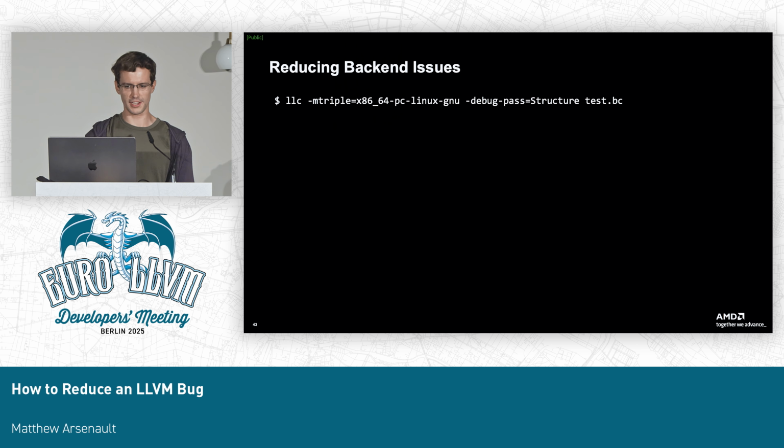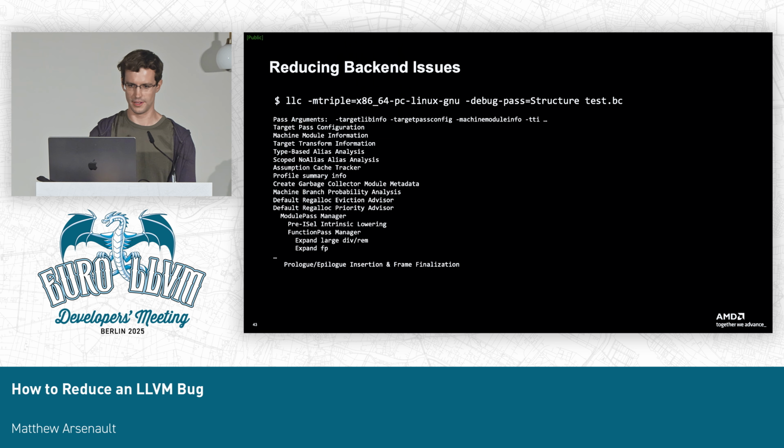Since CodeGen is still in the legacy pass manager, the debugging features are different. We no longer have the print pipeline passes option for opt. We have this older thing called debug-pass. I usually look at debug-pass=Structure. It just prints out these casual names, the descriptions of the passes. We don't have the most consistent naming scheme for these passes. For example, one that plagues me is prolog epilog inserter.